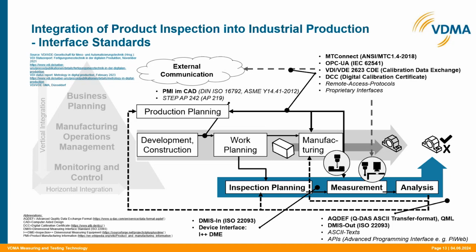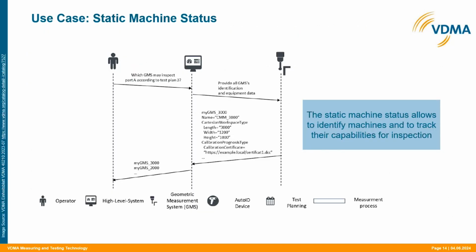Now I speak about where the GMS, the geometrical measurement device, lives. What are use cases that we can derive from that? This is what I will show you now. Imagine you're an operator and you want to see which devices you actually have in your portfolio, so which can I use, for instance? I have a part and I want to inspect this. This was our first use case: we want to record static machine data.